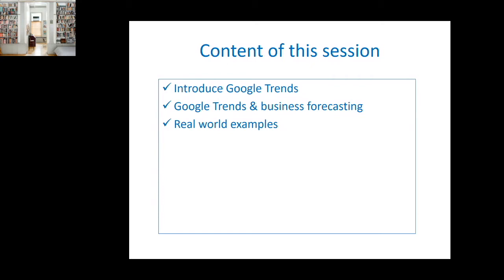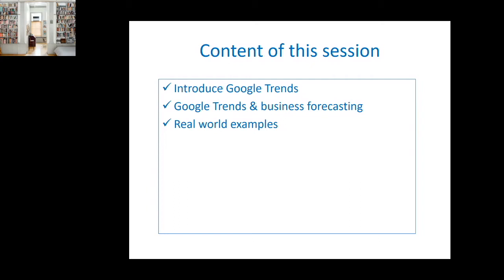Now we know what Google Trends is. It has been very useful as a tool in the business world, and many different applications have been found. Following are some published examples. The first is from Nature, which used Google Trends data to detect influenza epidemics.